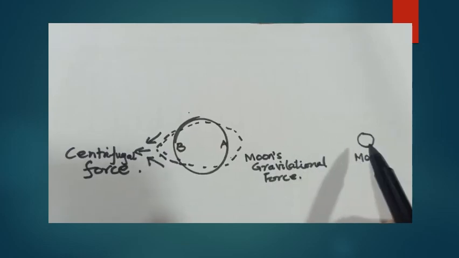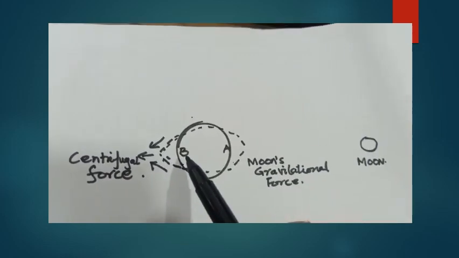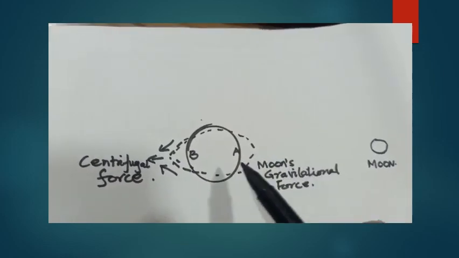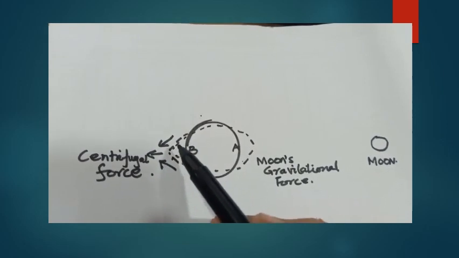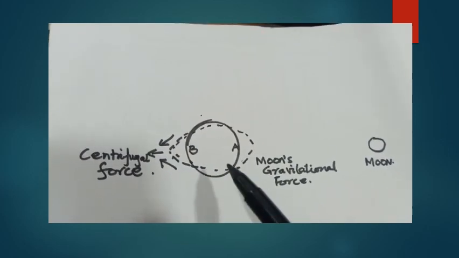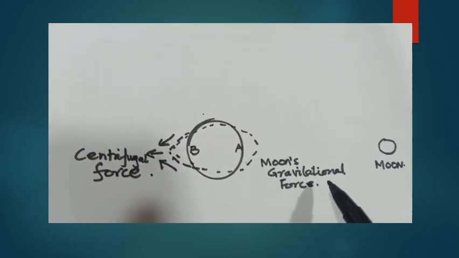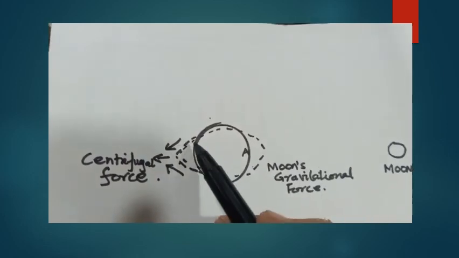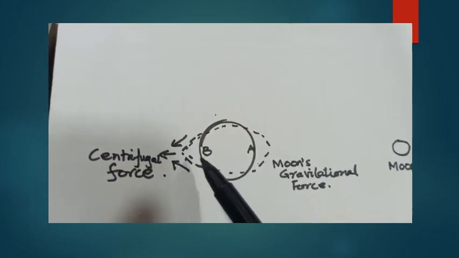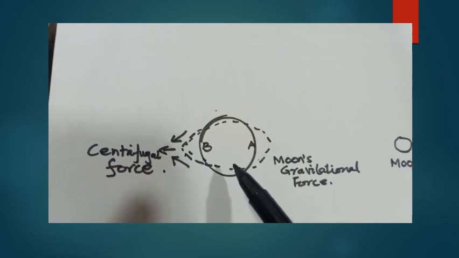Point B is further away from the moon. So over here, at point B, there is another indirect high tide which is not because of the gravitational pull of the moon but because of the centrifugal force created by Earth's rotation.